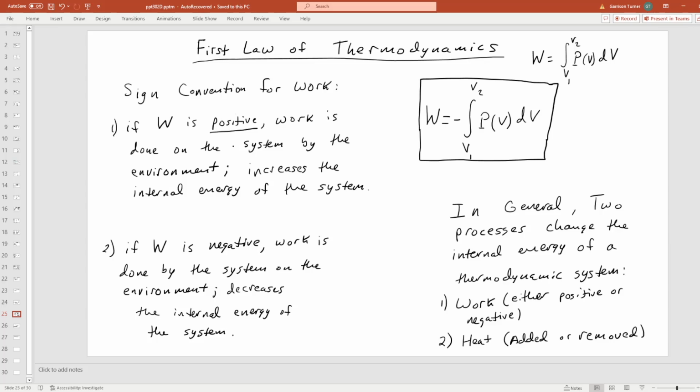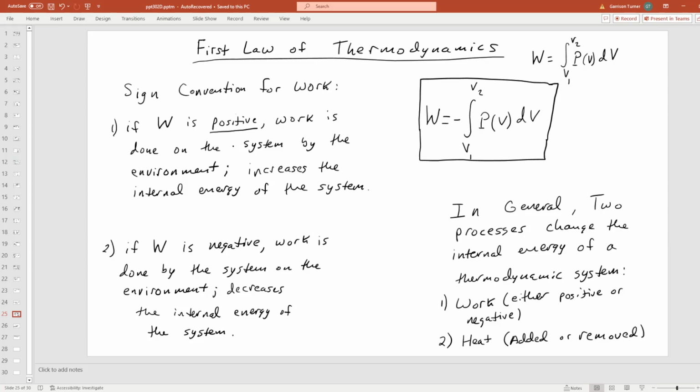If the result of this calculation is negative, then this is work done by the system on the environment. This would be like the gas itself expanding the piston. When this happens, this decreases the internal energy of your system. This is the sign convention moving forward that I'm going to use.